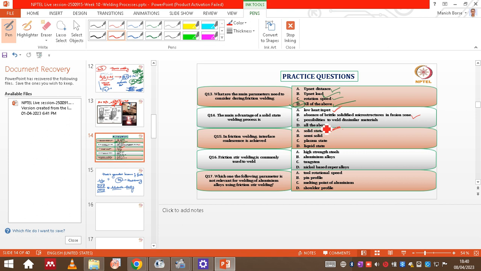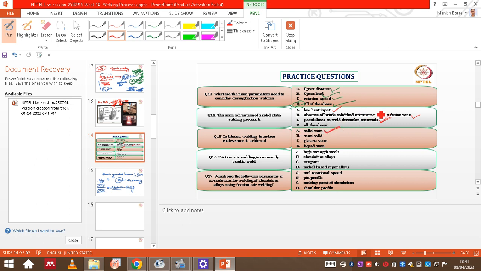And for another advantage, we can say the possibility to join dissimilar materials. Yes, that is also possible. Nowadays there are different methods that are very useful for joining dissimilar metals in solid state welding processes.